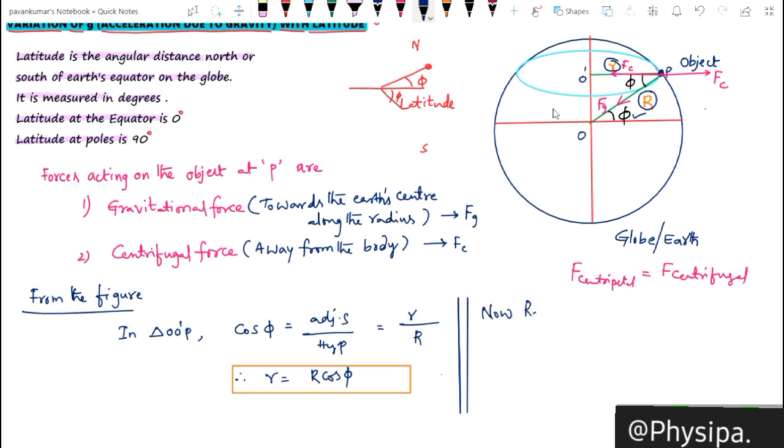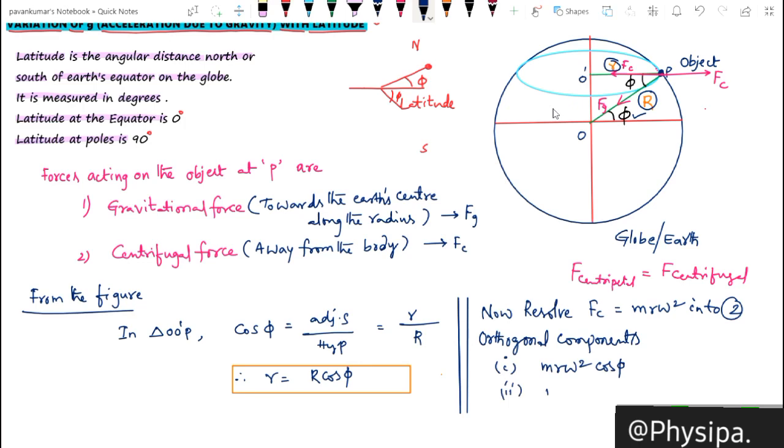Now resolve the centrifugal force Fc, which is equal to m r omega square, into 2 orthogonal components. Then we get first m r omega square cos phi, second m r omega square sin phi.